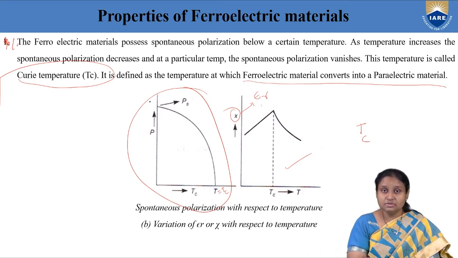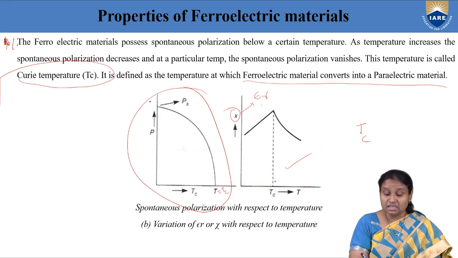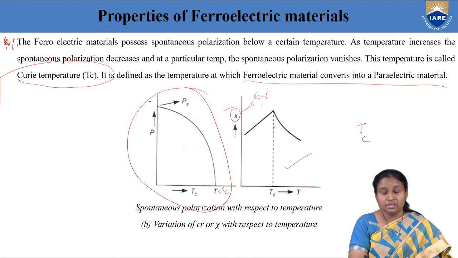As long as your material is in the ferroelectric state, you will find that its dielectric constant increases with temperature. But once we reach Tc, the dielectric constant has gone to its maximum value.